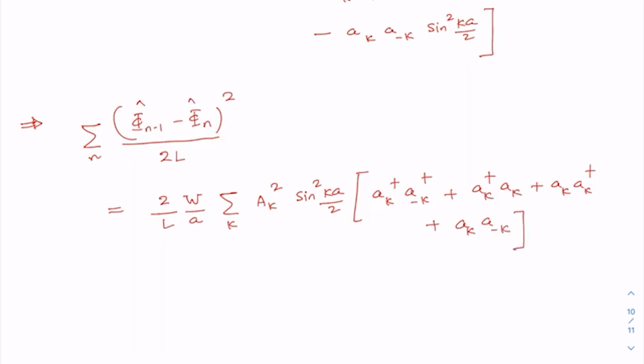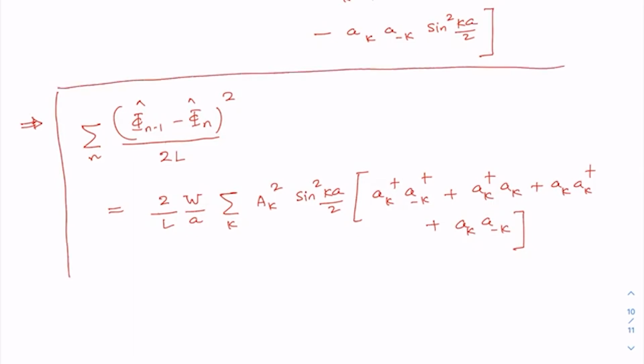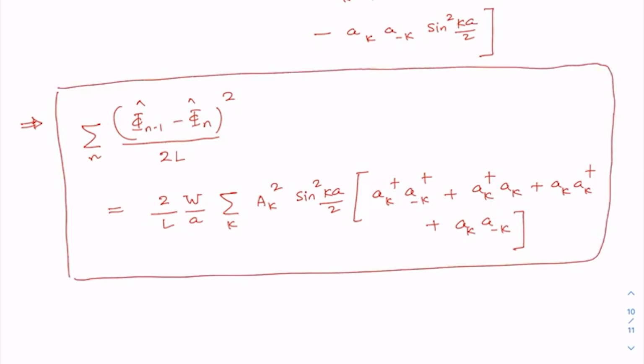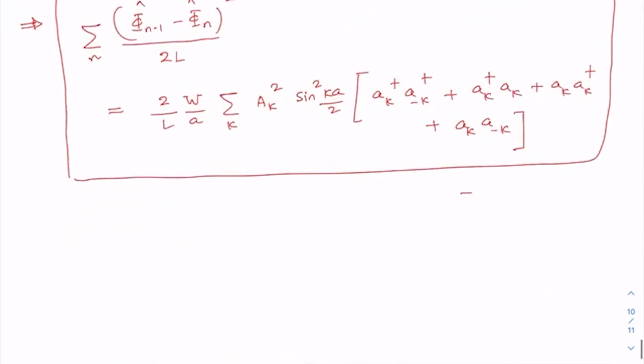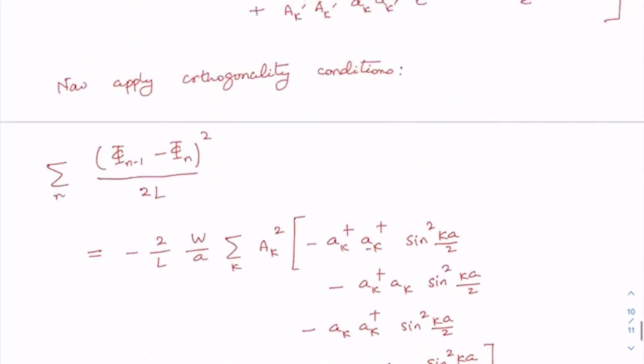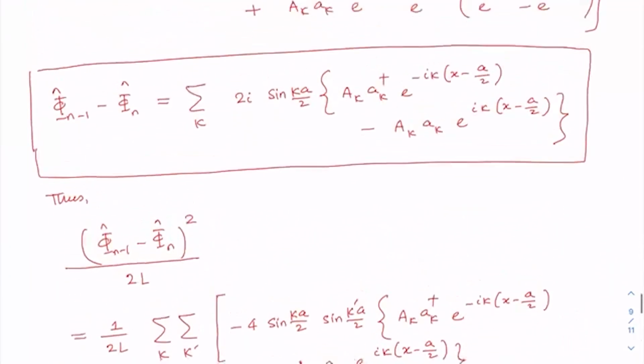Okay, so this is the second term in the Hamiltonian. Let me say this is equation number 3. We had equation number 2 also.